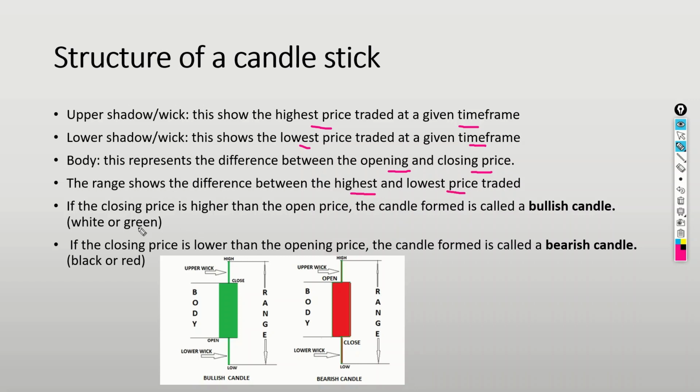If the closing price is higher than the open price, the candle formed is a bullish candle. If the candle opens low and closes high, it is a bullish candle. If the price opens high and then closes low, it forms a bearish candle, a candle for a price which is going downwards.